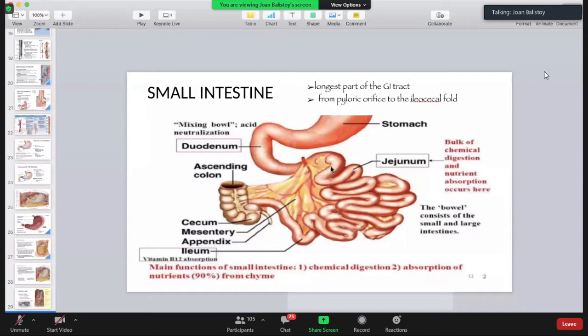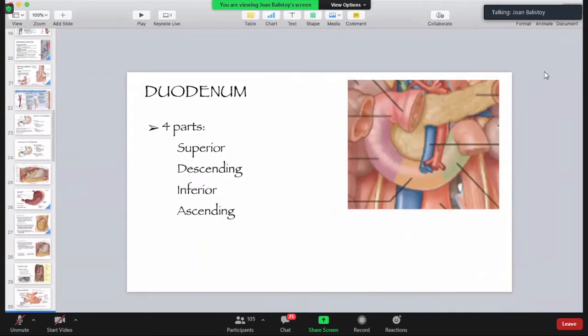We have duodenum, jejunum, and ileum. You have to differentiate how you will know them when they are presented to you. So the duodenum, it's easy. The duodenum is C-shaped. All right, that is the duodenum.